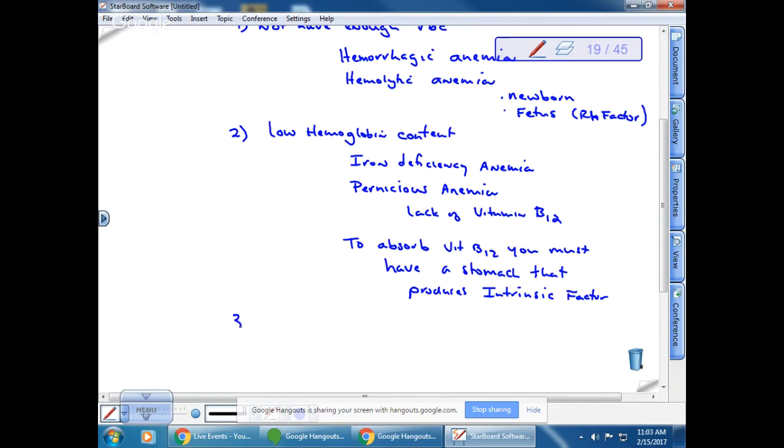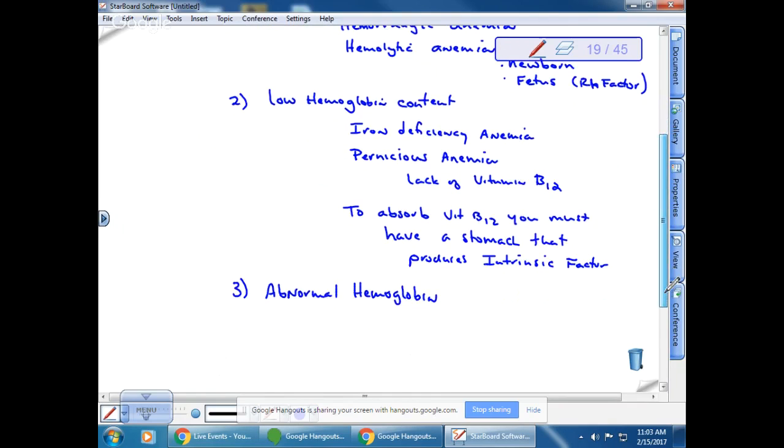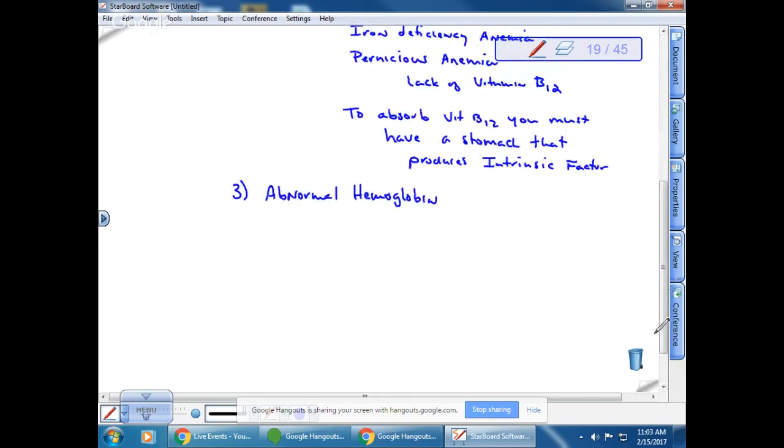And then the third one is we can have abnormal hemoglobin. Okay. So what was the example of the genetic disease that you might have talked about? Sickle cell anemia.